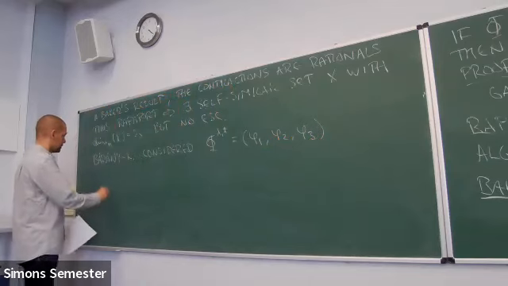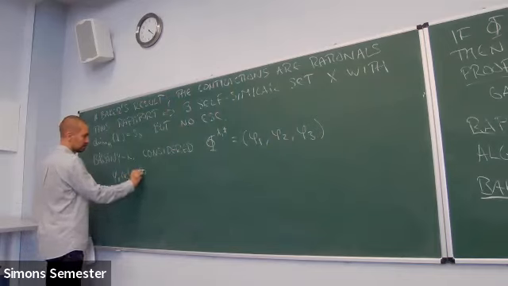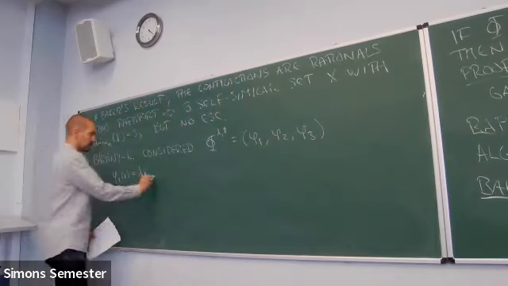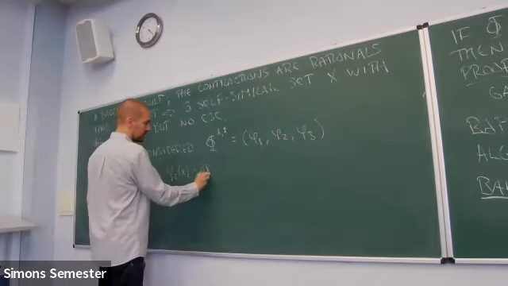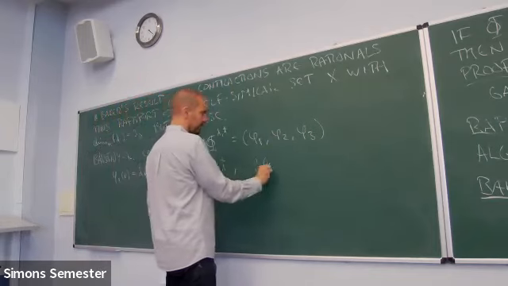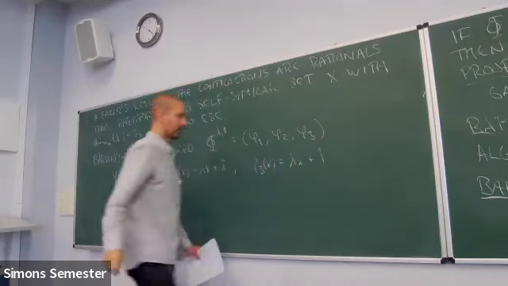The first map is just lambda times x, the second map is lambda times x plus t, and the third map is lambda x plus 1.